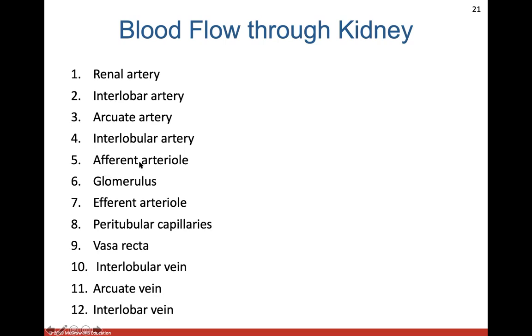And the afferent arteriole is what will go into the glomerulus, which starts the nephron system of filtration. And remember, you have about 1 million nephrons, so you'll have about 1 million glomerulus. Then the efferent arteriole brings that blood out that's been filtered from the glomerulus. And then we go into our peritubular capillaries, the vasa recta, the interlobular vein, arcuate vein, and interlobar vein.